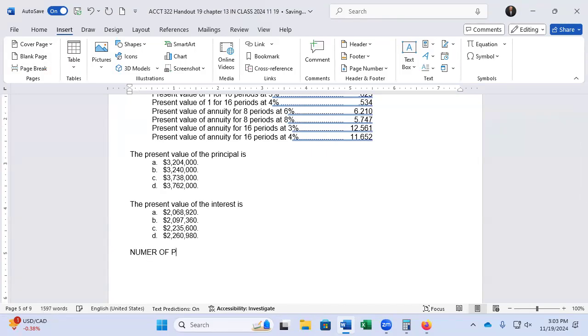The number of periods is equal to the number of years multiplied by the number of interest payments during the year.